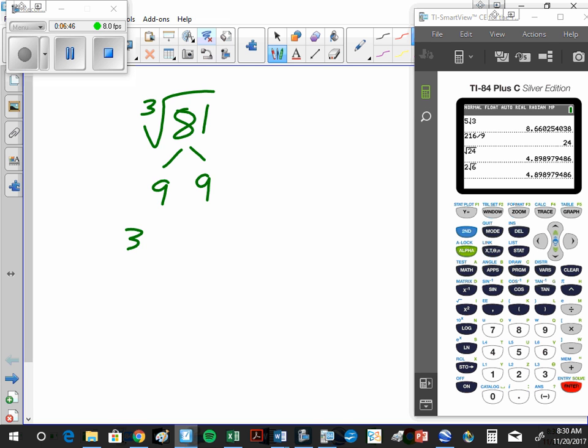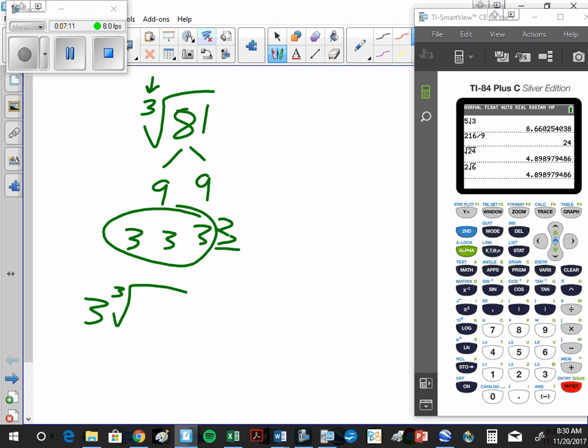And that breaks down into 3, 3, 3, and 3. What am I looking for in this case? I'm looking for triplets, because this is not a square root, it's a cubed root. So now instead of circling groups that have 2 members, we circle groups that have 3 members. So I circle a triplet, and for every triplet I write 1 on the outside, and then the leftover stays on the inside. Okay?